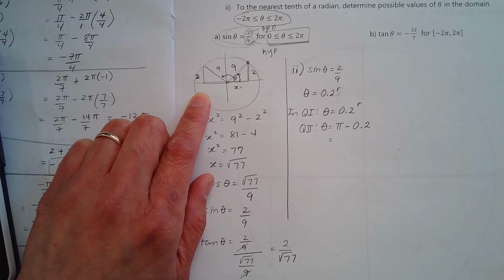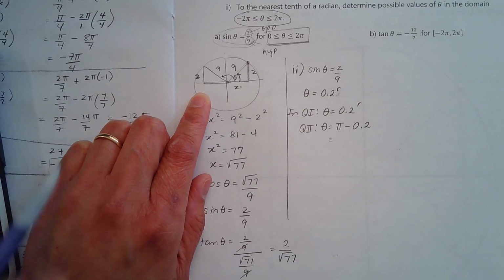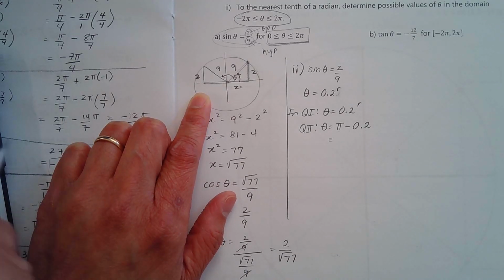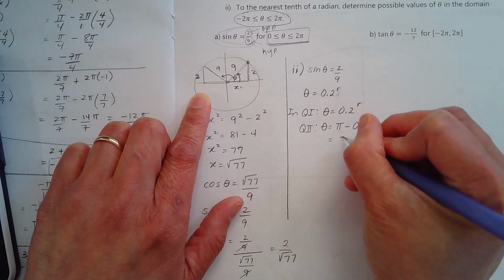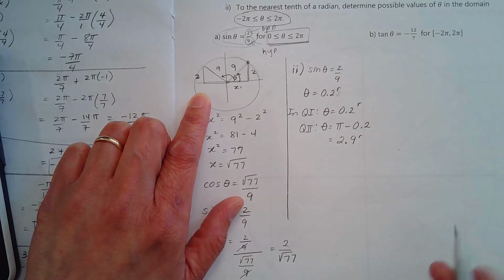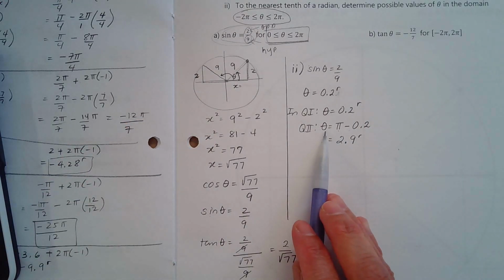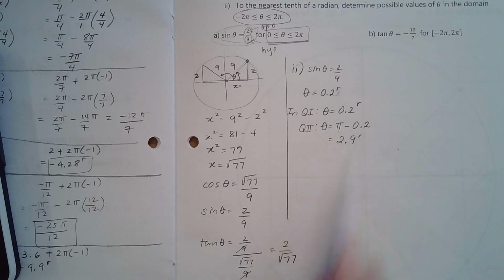You okay with that? Pi minus 0.2, or 2.9. Anyone's going to ask why pi minus 0.2? Makes sense.